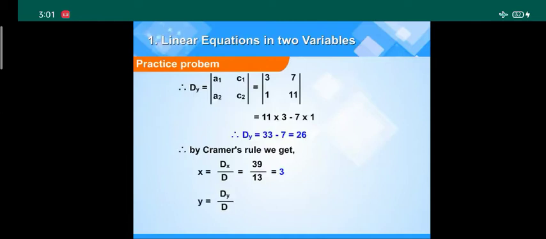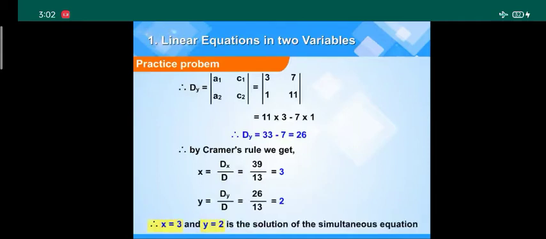And y is equal to dy divided by d. Putting values, we get y is equal to 26 divided by 13, which is 2. So x is equal to 3 and y is equal to 2 is the solution of the given simultaneous equations.